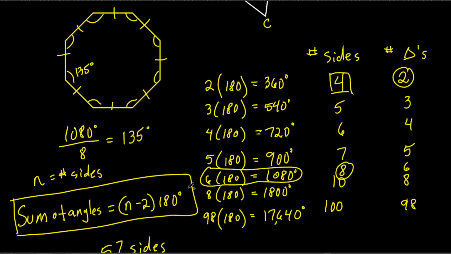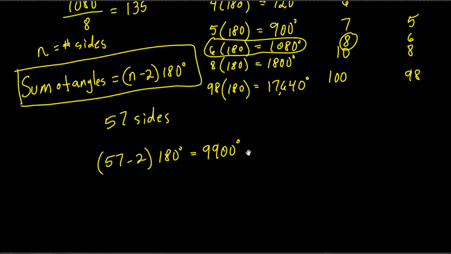So how would you find each angle? You take the sum, the 9,900, and divide it by the number of sides, 57. I just picked some random odd number. All right, calculator. 9,900 divided by 57.